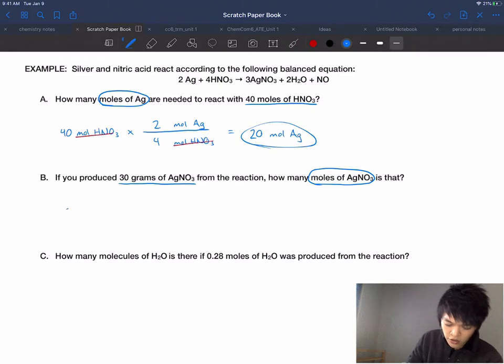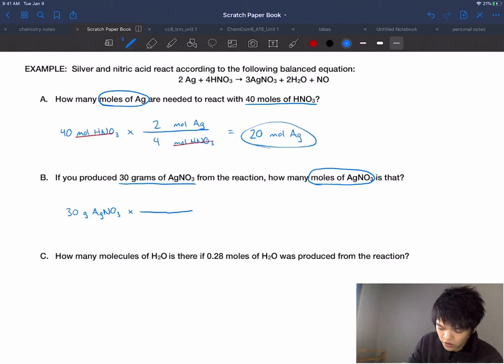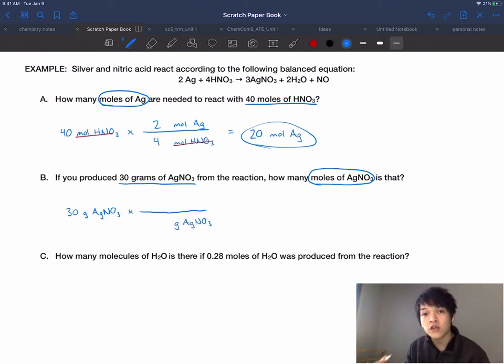So we're going to write 30 grams of silver nitrate. We're going to draw times and a line so we can convert this. The unit that goes on the bottom is the unit that we already wrote down. So grams of silver nitrate goes on the bottom. The unit that we're trying to convert to is the unit that is circled. We're trying to convert to moles of silver nitrate. So that goes on top.